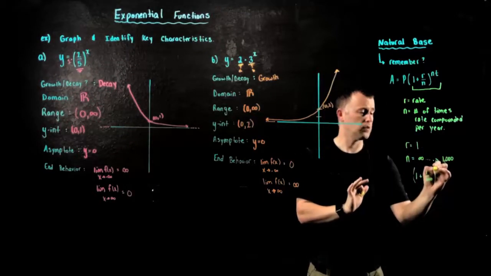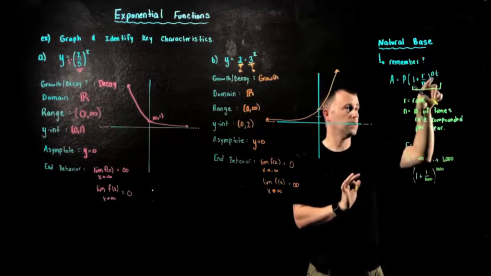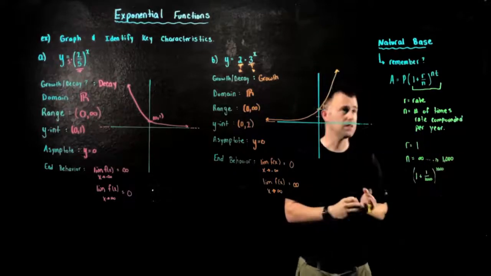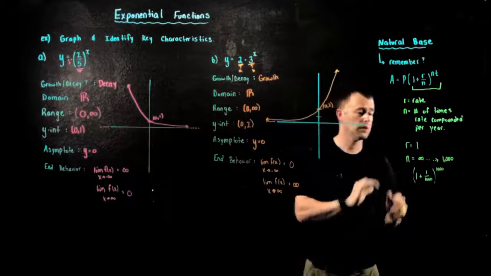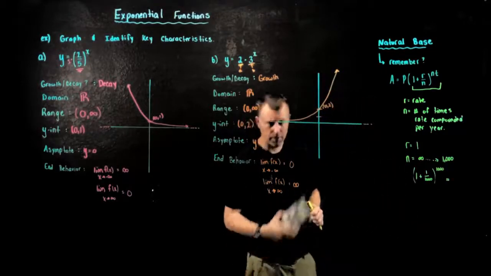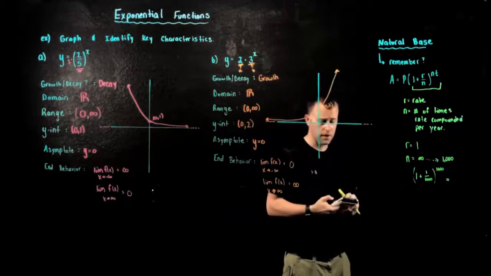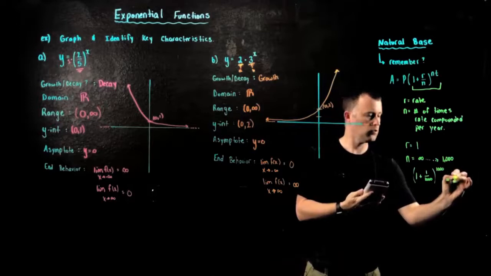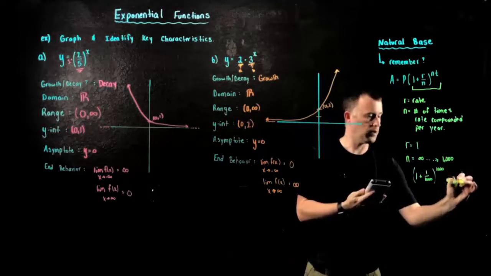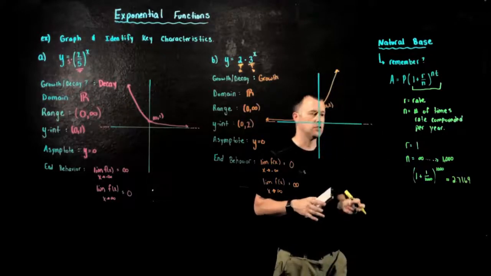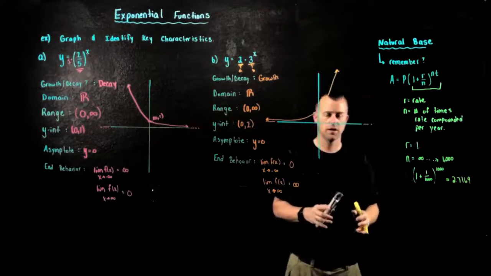I'm just going to raise this to the 1,000th power, because n and n are the same numbers. So if you plug this into your calculator, what you get is something like this, 2.7169.